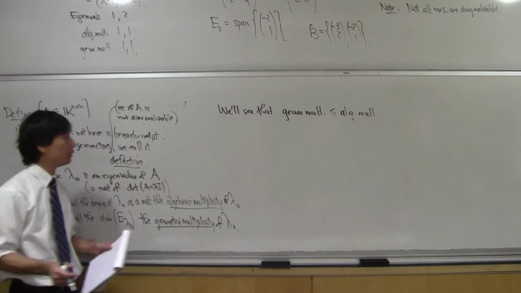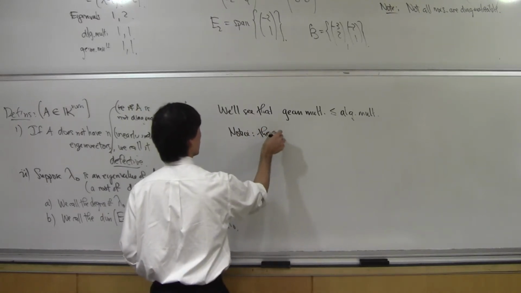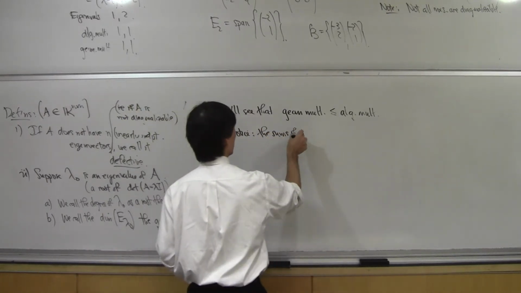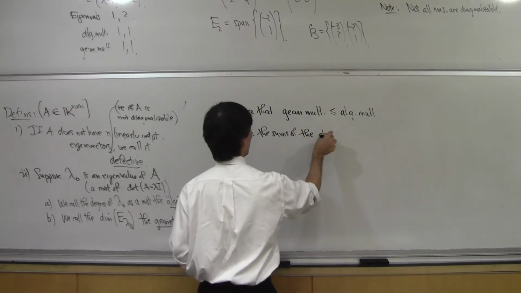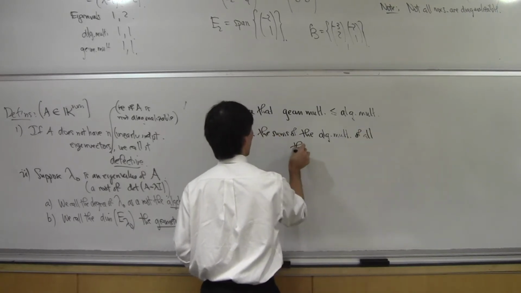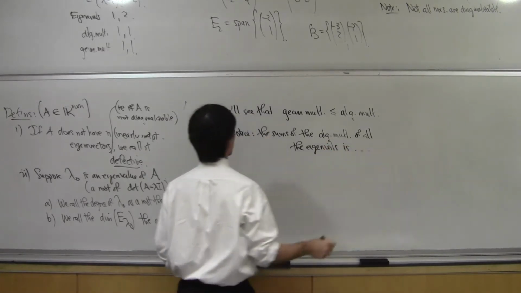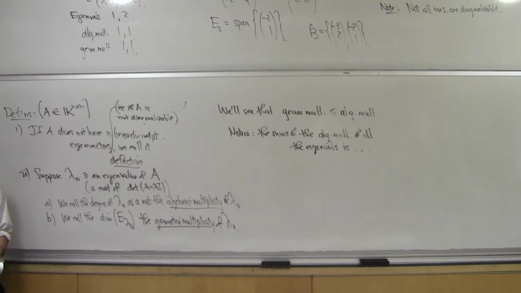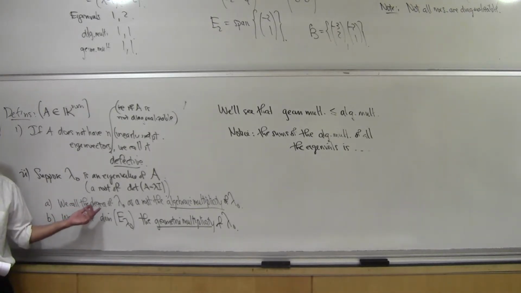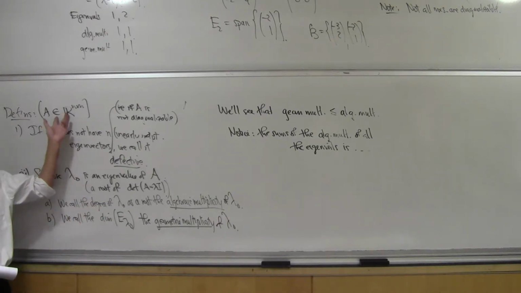Okay. Now notice the sum of the algebraic multiplicities of all the eigenvalues is what? Well, that's going to be the sum of the degrees of all the roots of your polynomial, which is degree n.